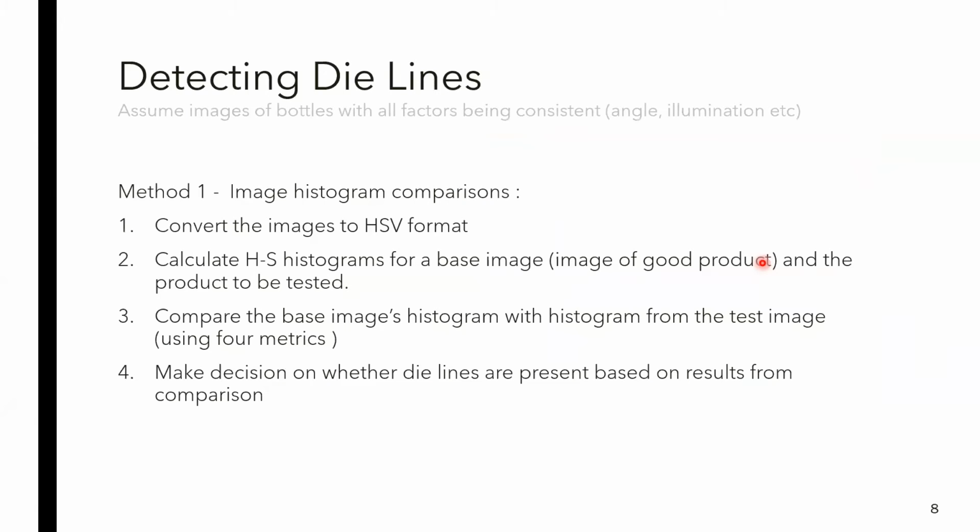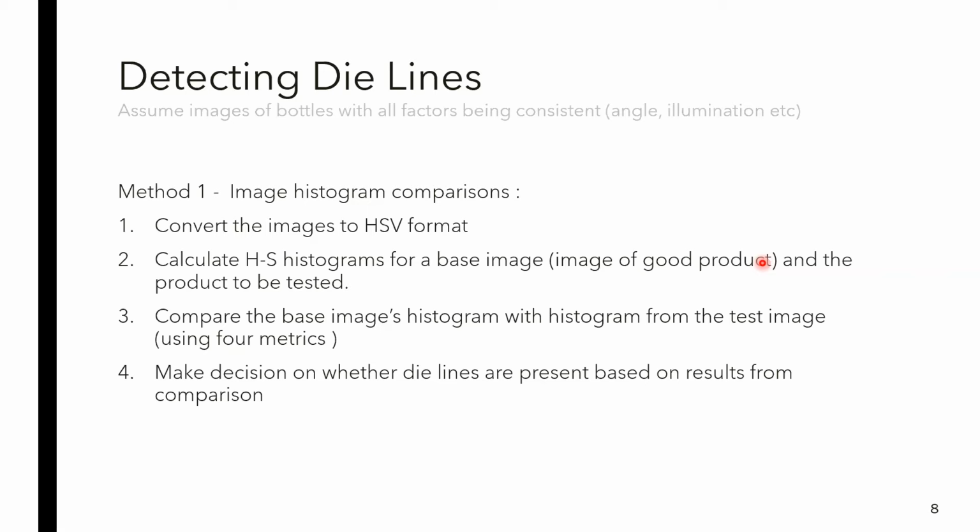So how we plan to detect the dye lines is by investigating 3 methods. One of them is to get uniform images around the bottle and then compare those images with images of good product. One method is image histogram comparison.